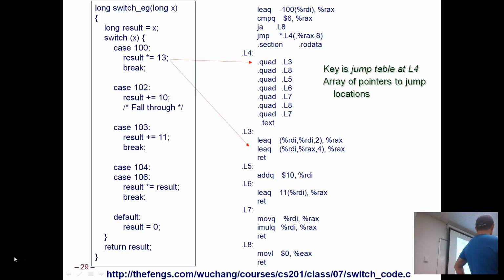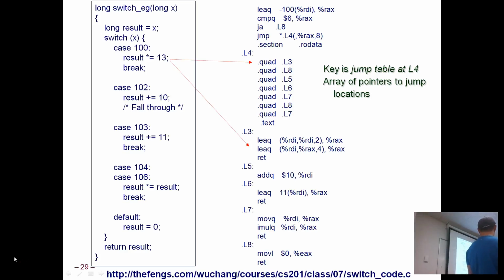Again, these labels are pointing to code locations down here that implement these pieces of code. The red arrow is implementing taking the result and multiplying it by 13, and it's doing that LEA quad trick again.